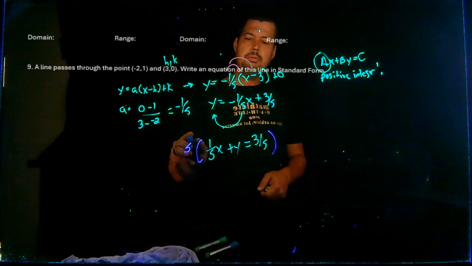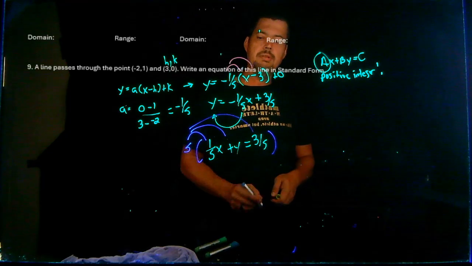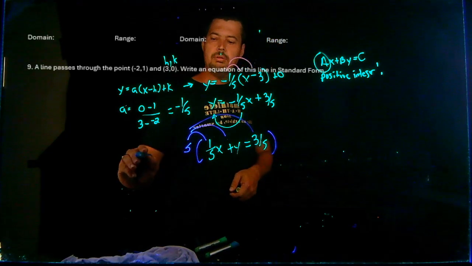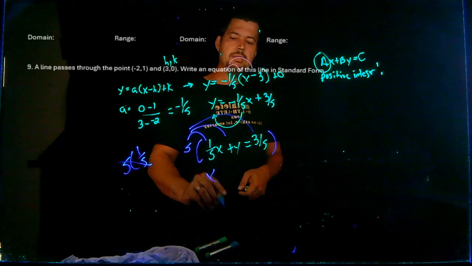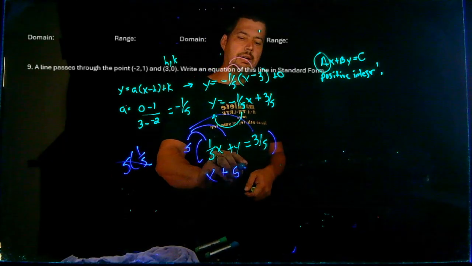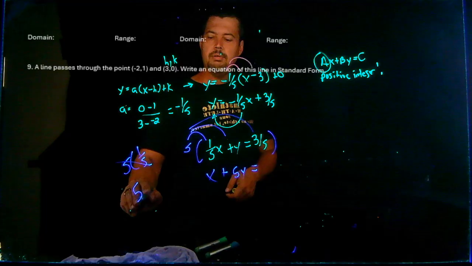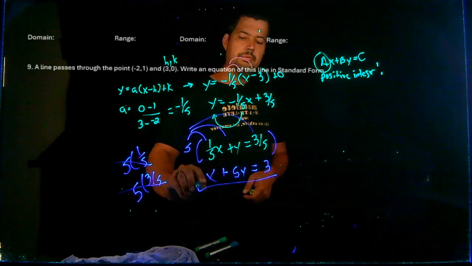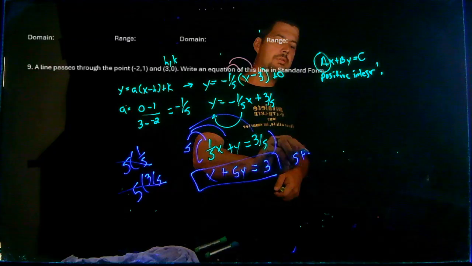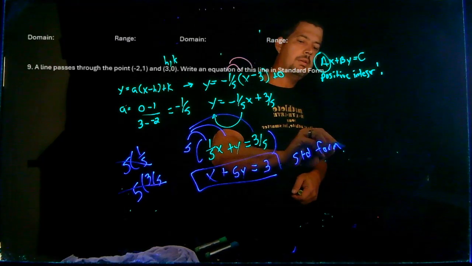So I'm going to distribute a 5 to all 3 pieces of the equation I've written. Go back old school, 5th grade math, 5's cancel. That's an x. 5 times y, 5y. Old school, 5 times 3/5, 5's cancel, 3. And that, boys and girls, is standard form of that line.